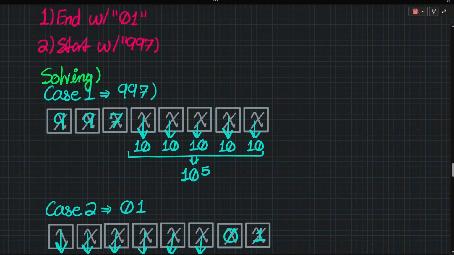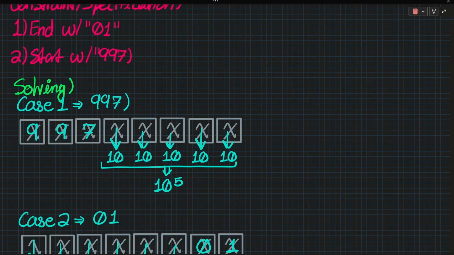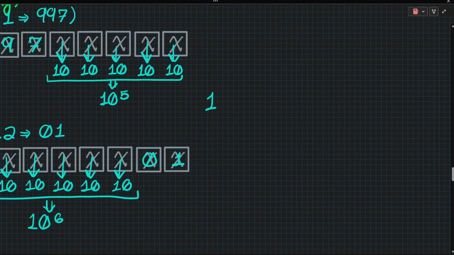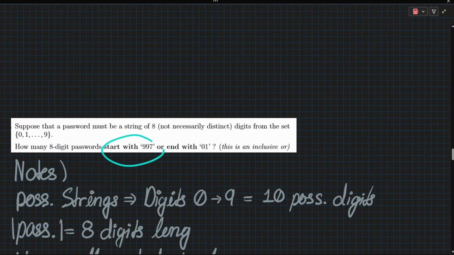If you imagine these as empty slots that have not determined what they want to be, say 8 different people with 10 jobs they can choose from, then each box has 10 possible roles. So here we'd have 10 to the 5 plus 10 to the 6 possible passwords. That counts for when it starts with 997 or ends with 01.